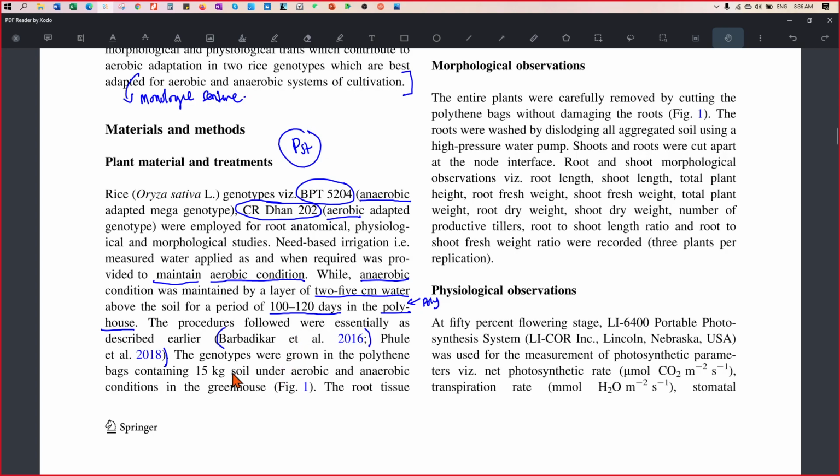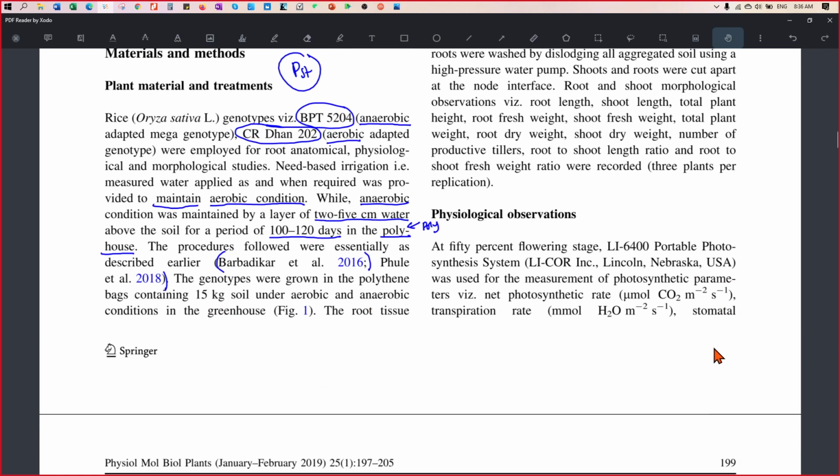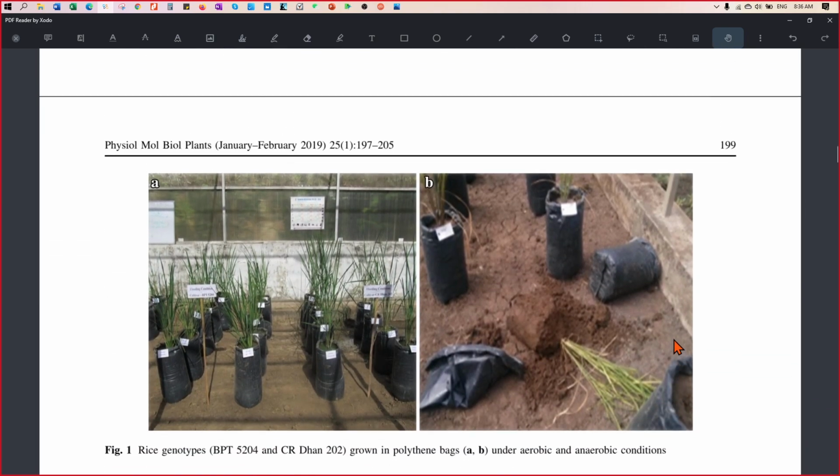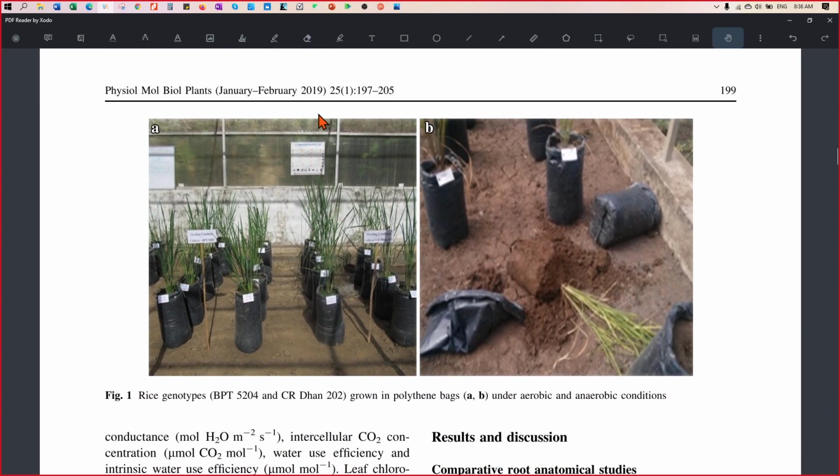The genotypes were grown in polythene bags containing 15 kilograms of soil under aerobic and anaerobic condition in the greenhouse. So Figure 1, how it's done, they also put it in the figure. This is how they conducted the experiment in the poly house, and then they have the rice grown in these poly bags.